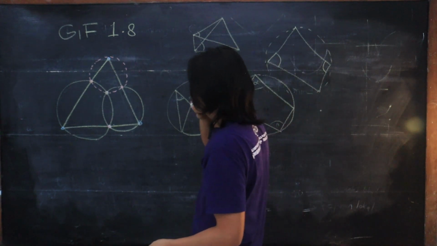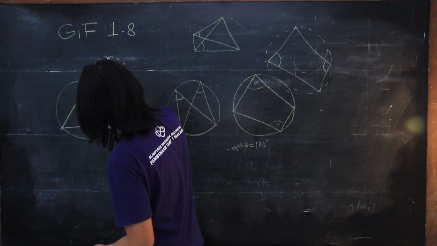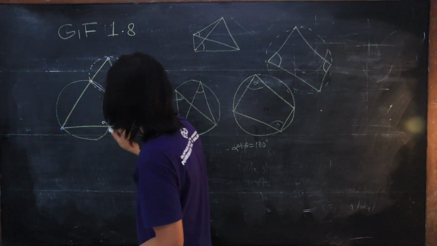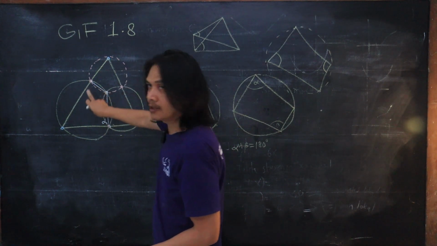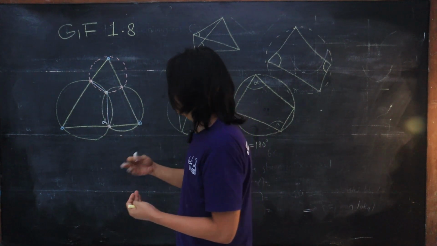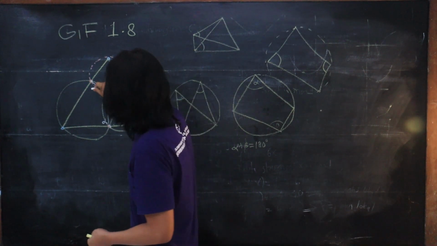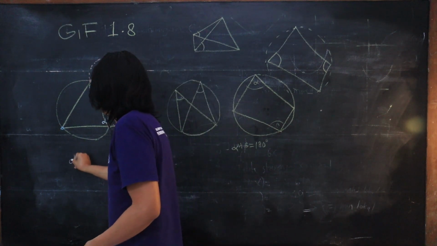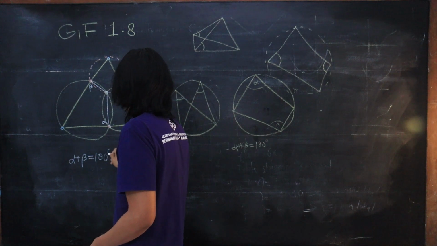In particular, if we look at this angle, let's call it alpha, then the opposite of that angle will be the supplement of alpha, so they add up to 180 degrees. Let's call this beta. So the sum of alpha and beta is 180 degrees.